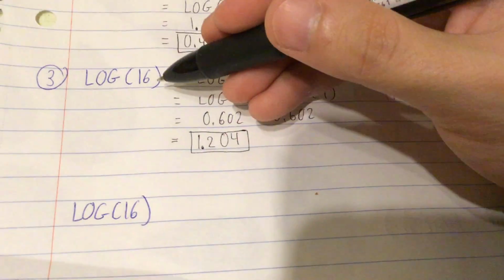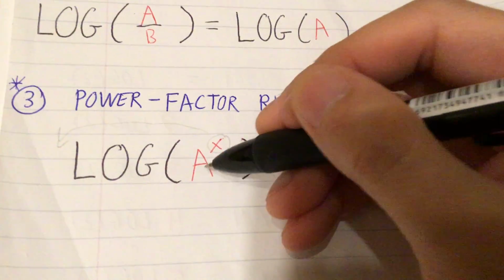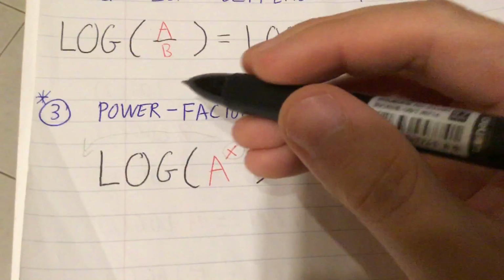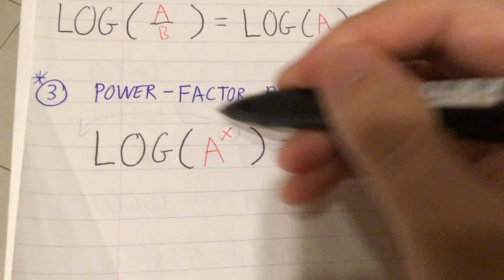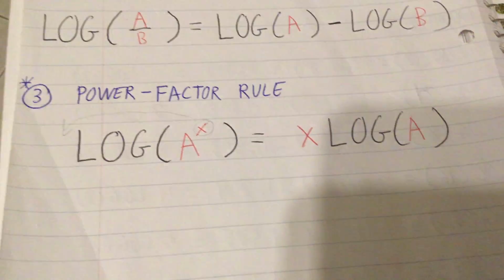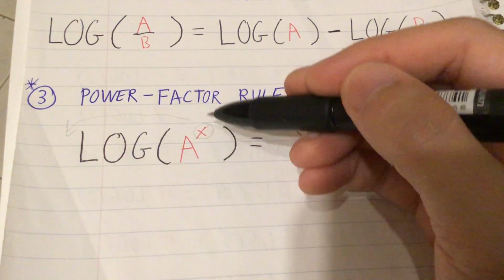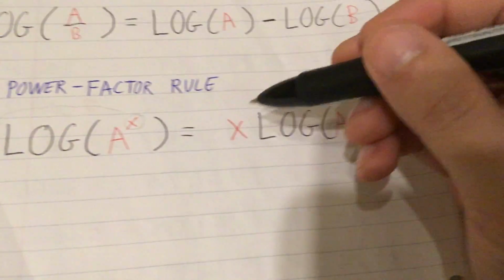But remember, I showed this problem in 2 ways. Not only can I get 16 from 4 times 4, I can also get 16 from 4 squared. Now, what does 4 squared do to the logarithm if there's an exponent inside? The exponent would factor out to the front.